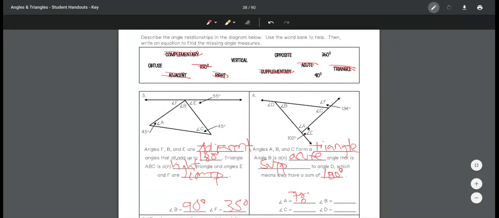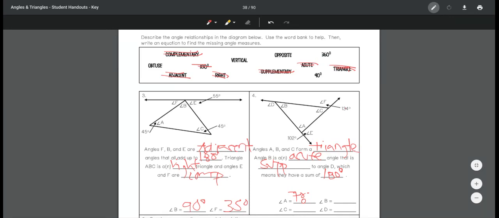Now we're going to do angle B. Actually, let's do angle C first, because then that will make finding B possible. We've got angle F right here and angle C. Just like angles A and E, they are supplementary, which means together they equal 180 degrees.